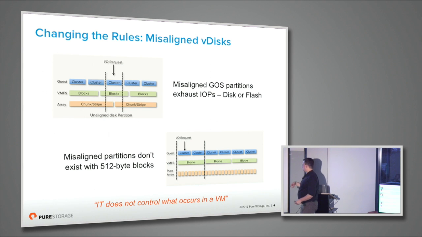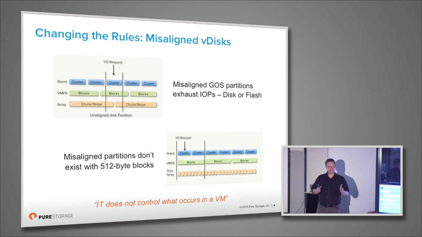Now, with the Pure Array, we really have these little 512 byte blocks. One of the things, and Neil talked about it a little bit, one of the things that happens when you have an abundance of performance is you can do things like 512 byte blocks, which gives you that granularity so you don't worry anymore about alignment.